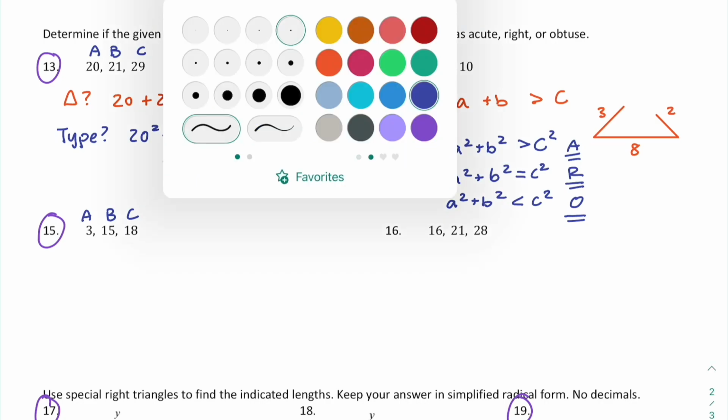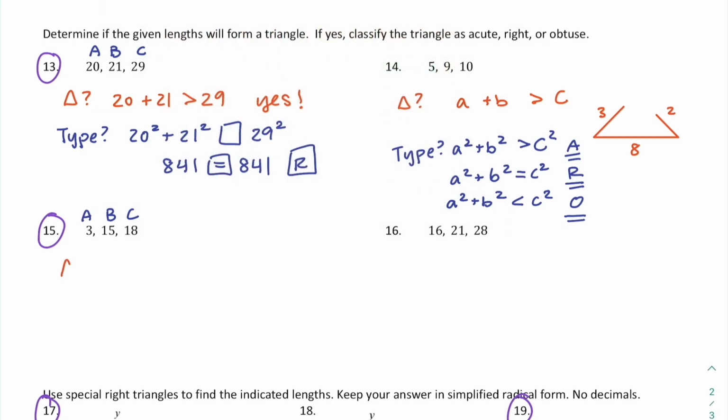In the next one, let's see if it's a triangle. So we would do 3 plus 15 has to be greater than 18 and figure out if that's true or false. Since this is equal to 18, 18 is not bigger than 18, so we would say, no, this cannot be a triangle.